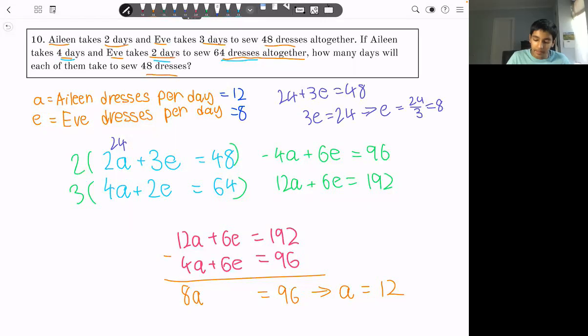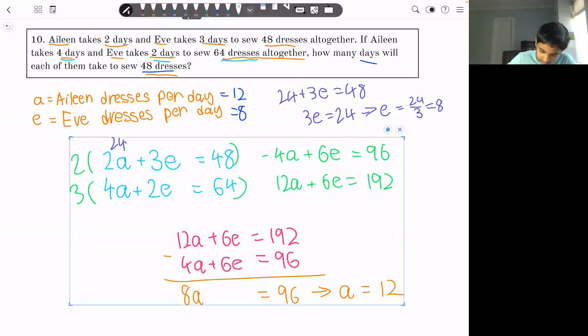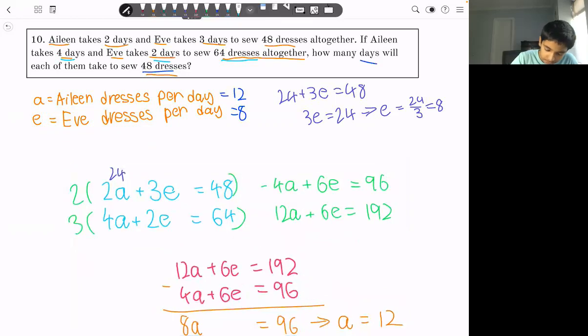Now we're asked to find how many days it will take to sew 48 dresses for each of them. For A, 48 dresses, she can do 12 per day, so the number of days is 48 divided by 12, or 4.